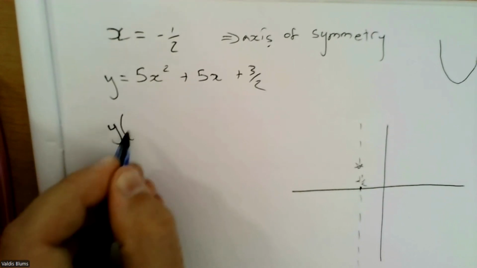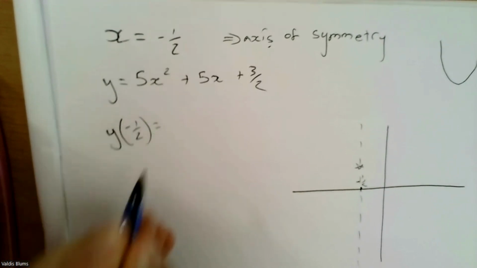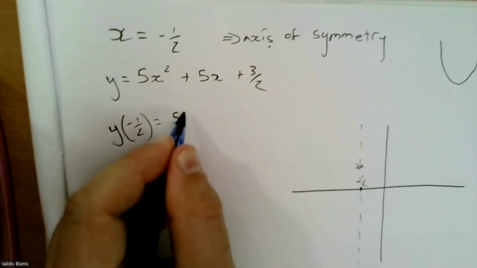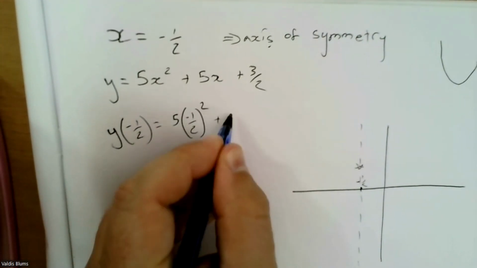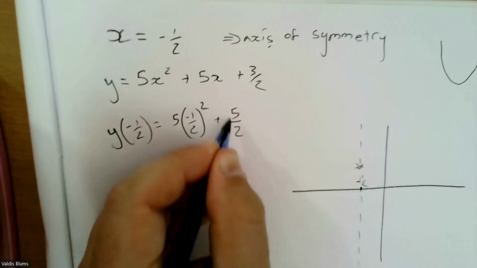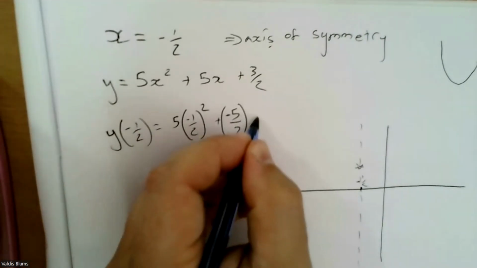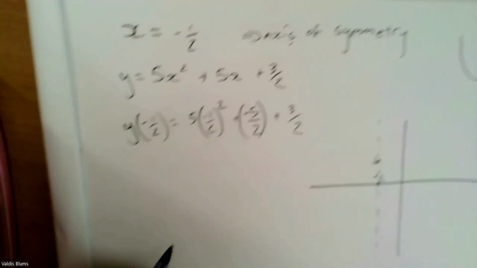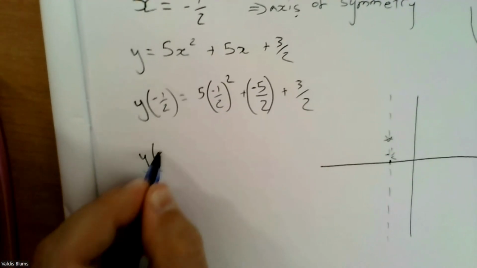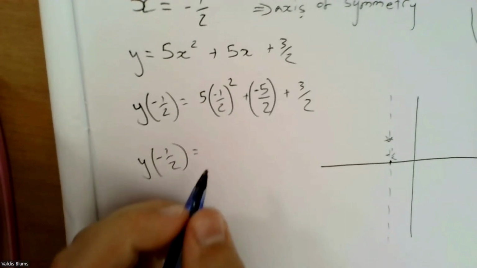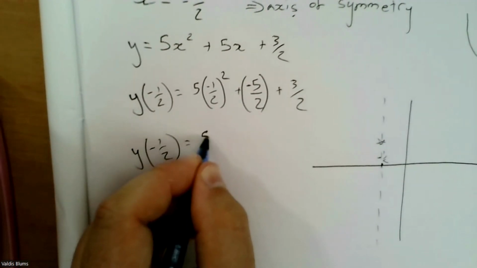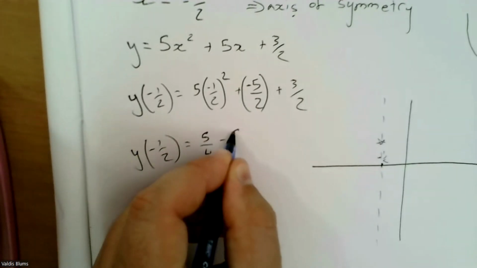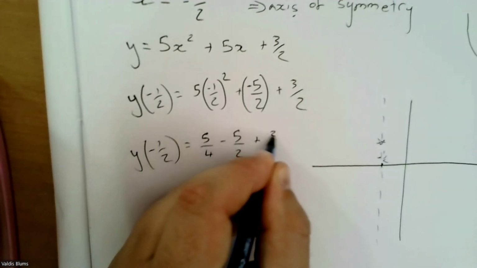So y of negative a half is equal to 5 times a half squared plus 5 on 2 being negative, plus 3 on 2. So y of negative a half equal to, so that's going to be positive, that's going to be on 4, so 5 on 4 minus 5 on 2 plus 3 on 2.